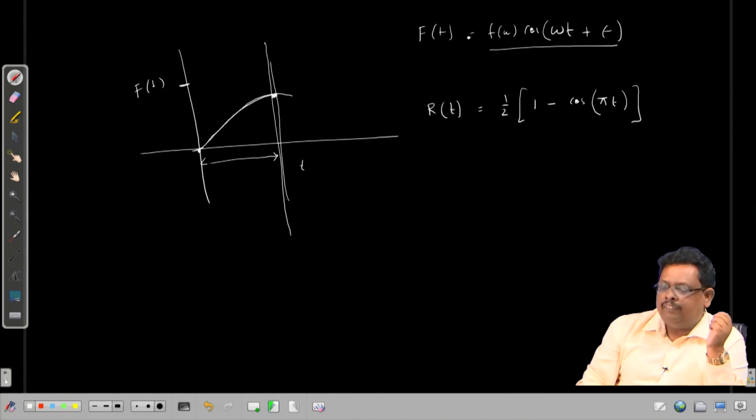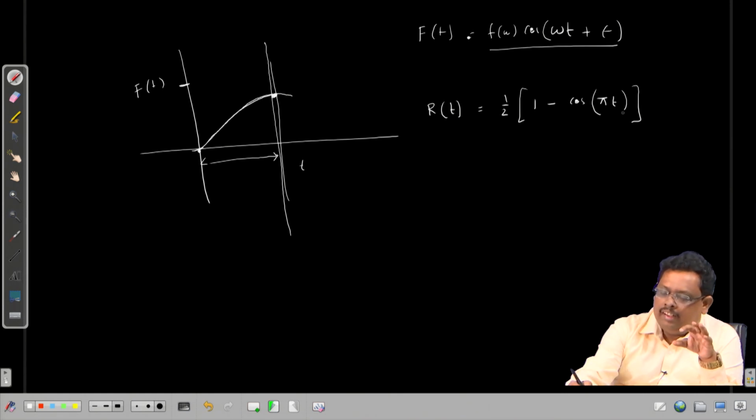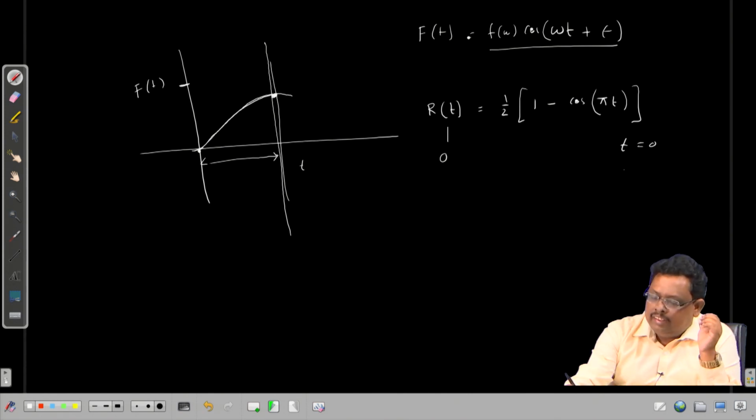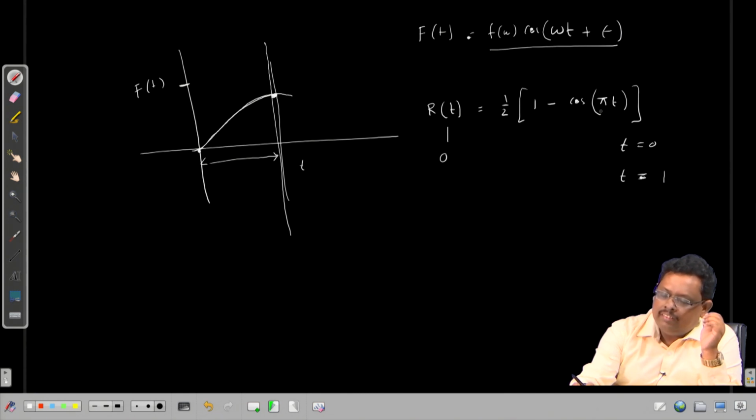Now, let us see what is the behavior of this function R t. When t equal to 0, the cosine is equal to 1, so R t goes to 0, right. Then when t equal to, let us say, 1, at that time it is going to cos pi, which is minus 1.